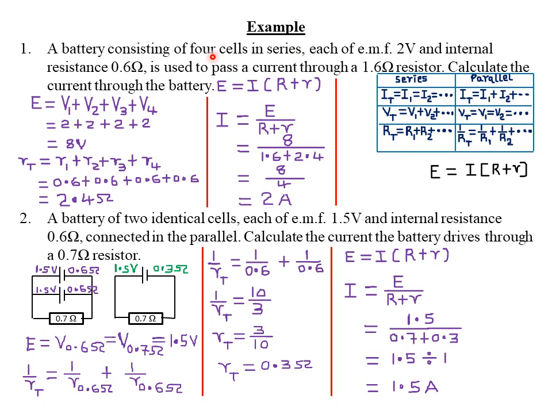Because we are talking of 4 cells, and each cell has its own internal resistance of 0.6 ohms, and the cells are connected in series, the total internal resistance, R total, will simply be the sum of the internal resistances across each cell.